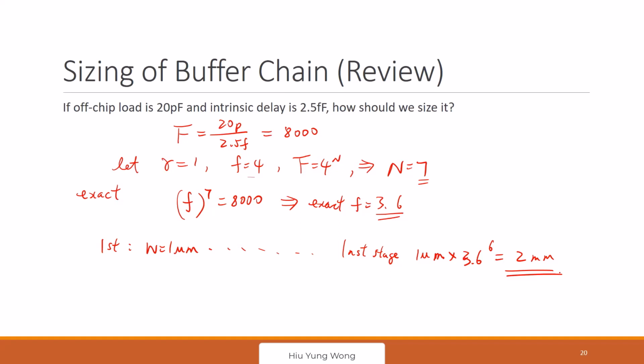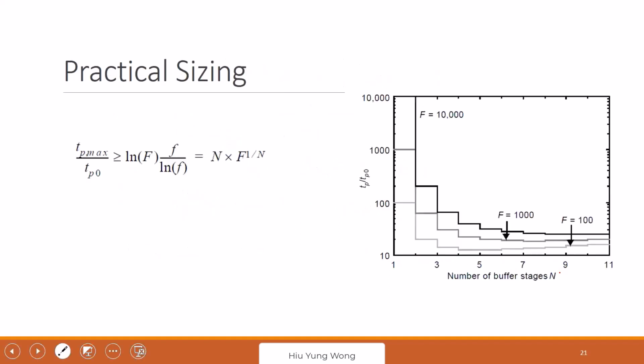But on the other hand, very often we need to ask ourselves, is this what we need? Maybe we don't need to meet such a stringent requirement in practice. Maybe all we need is to meet a certain requirement.